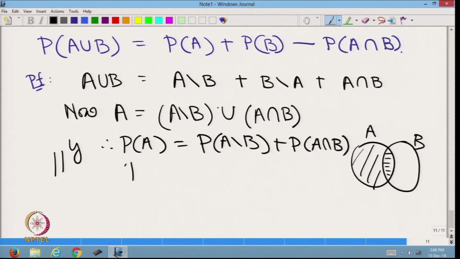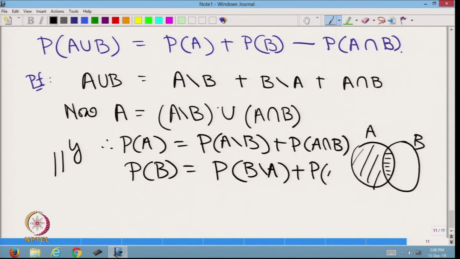Similarly, probability of B is equal to probability of B minus A plus probability of A intersection B. This region union this region.